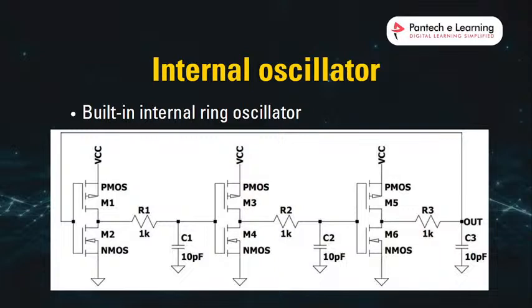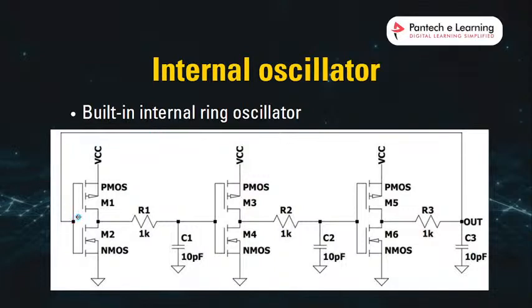The circuit of the ring oscillator looks like this. It is fully based on CMOS inverters connected like this. This is the input for the first CMOS, its output is given as the input for the next CMOS, and out of this CMOS it goes to the input of another CMOS, and the last CMOS has its output given to the first CMOS input.